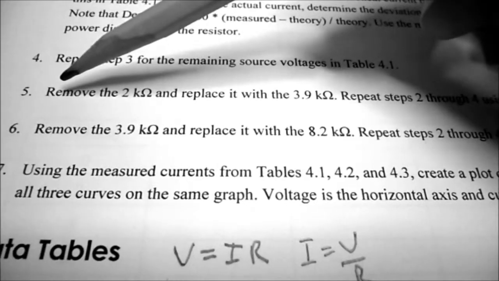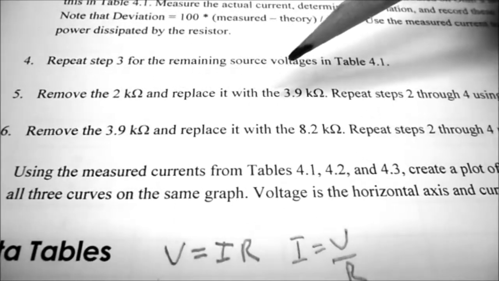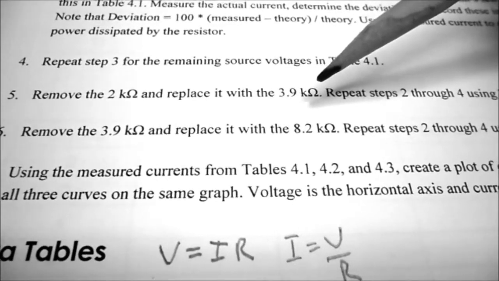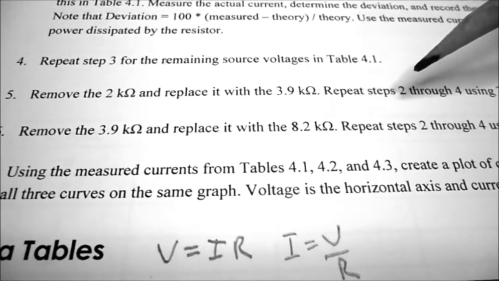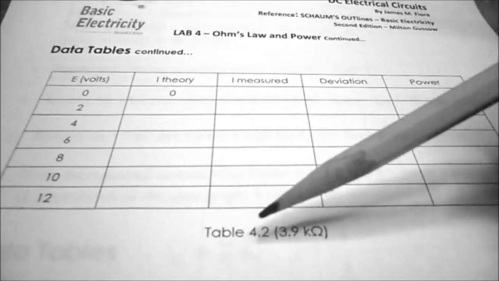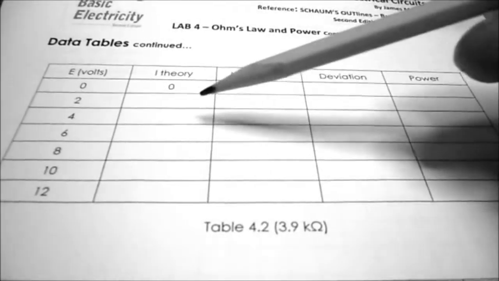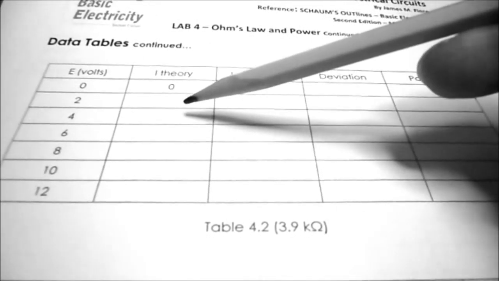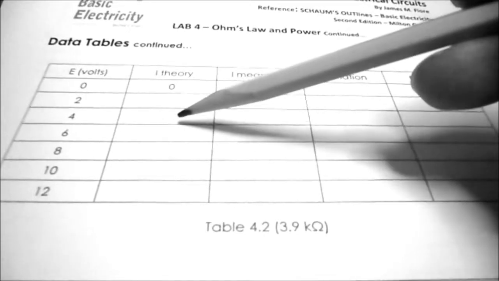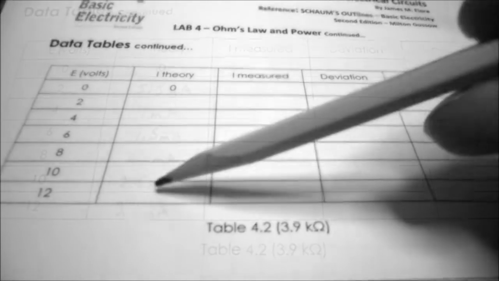In procedure, part 5, we're going to remove the 2k ohm resistor and replace it with the 3.9k ohm resistor, and repeat steps 2 through 4 using table 4.2. So table 4.2 uses the 3.9 k ohm resistor, and then we're going to repeat steps 2 through 4 for the 2 volt, 4 volt, 6 volt, 8 volt, 10 volt, and 12 volts.